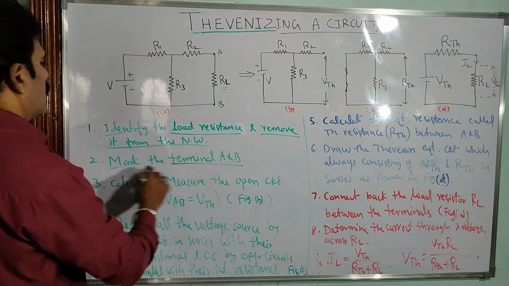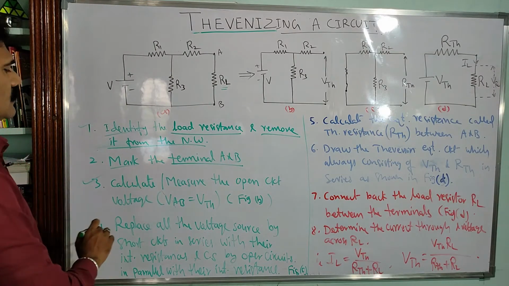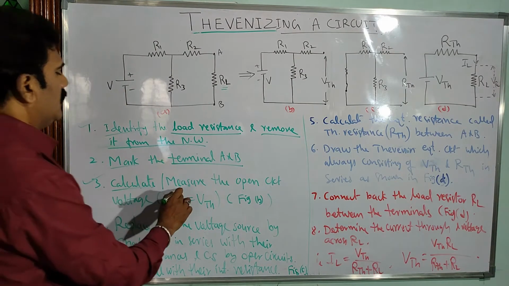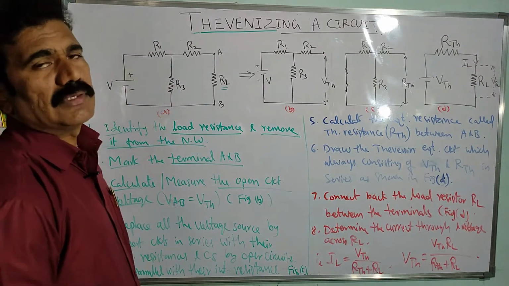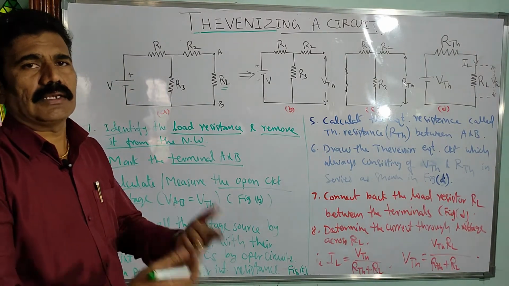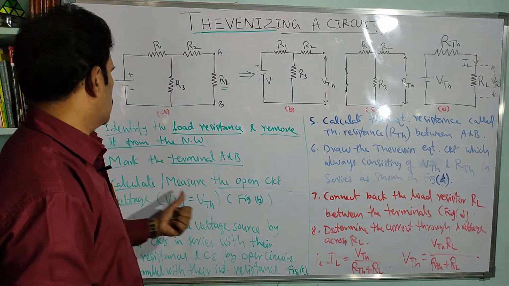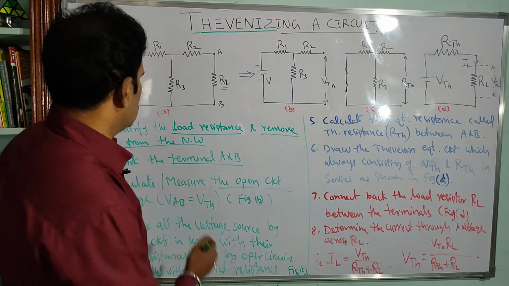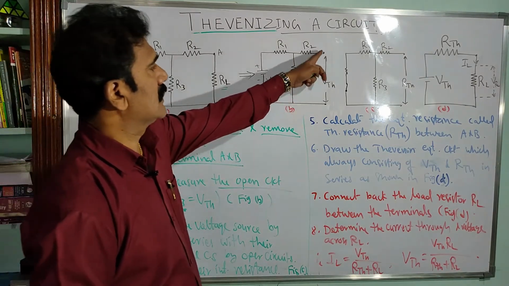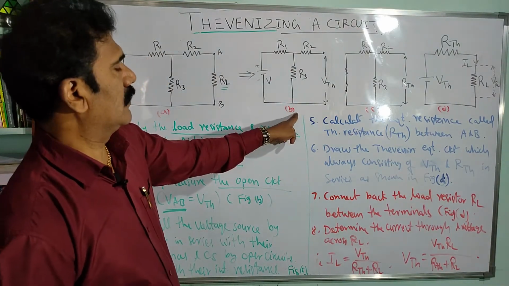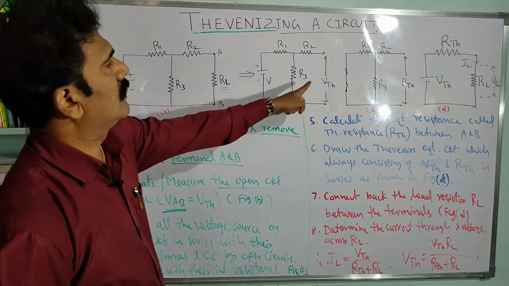After marking the terminals, next you go to the next step: calculate or measure the open circuit voltage. You can measure the voltage experimentally or you can calculate it. Calculate or measure the voltage VAB, because you are measuring the voltage across the terminals A and B as shown in figure B. So VAB is equal to what now?